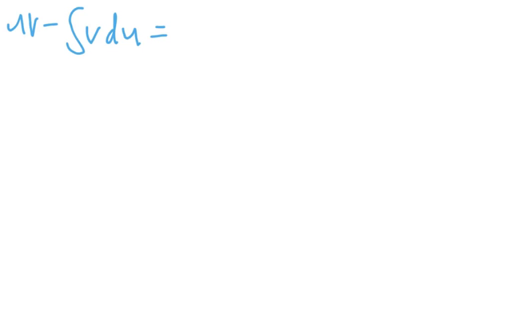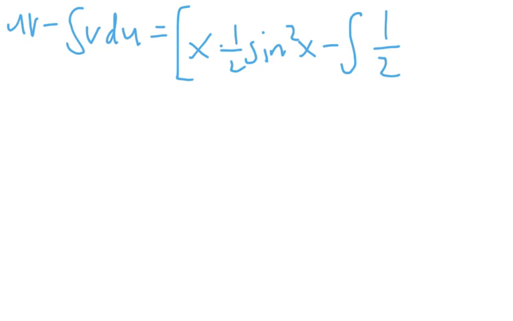So in this case we have uv, which is going to be x times 1/2 sine squared x minus the integral of v du, which is just the integral of 1/2 sine squared x dx. And remember now we're going to integrate this from 0 to pi. So we're going to evaluate all of this, and then we'll plug in our 0 and pi at the end. Okay.